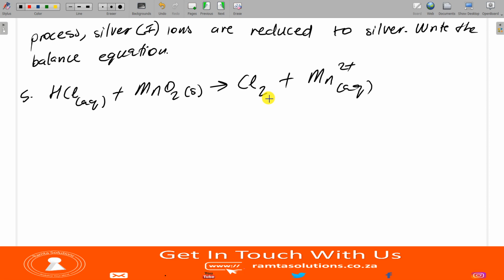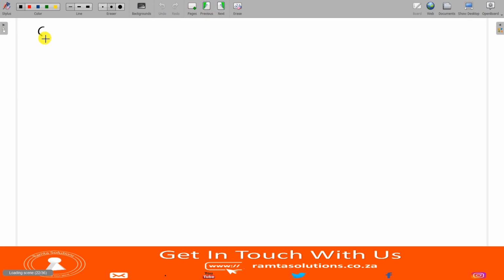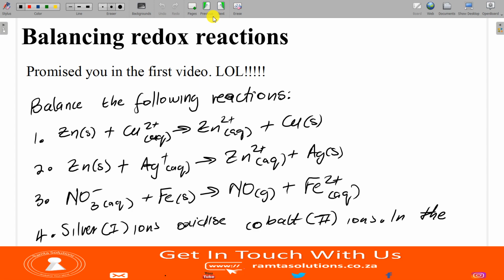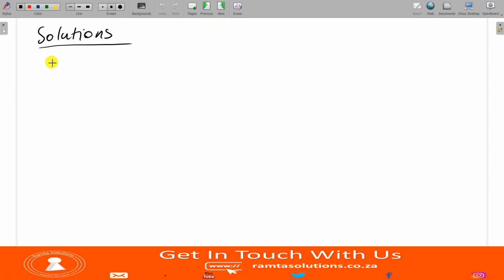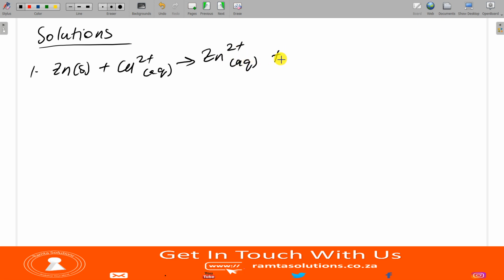All right, now let's see our solutions. The first one was zinc solid plus copper 2 plus aqueous, giving us zinc 2 plus aqueous plus copper solid.